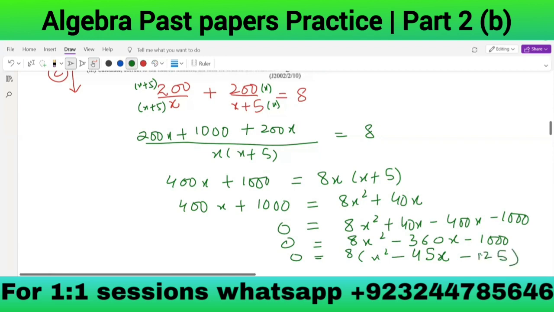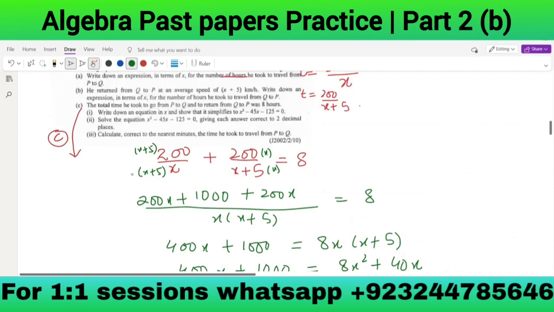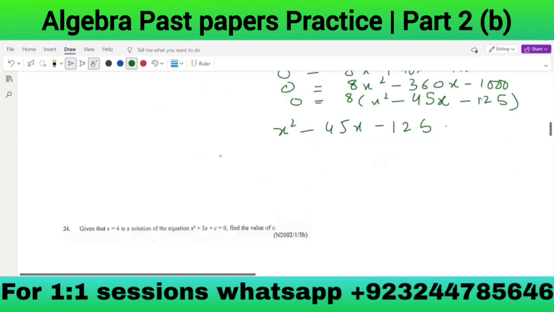Okay, so we got the required equation, that is x squared minus 45x minus 125, which is the required equation for part C. Now, what are they saying next? Solve the equation, giving your answer to the correct decimal places. Now we are going to solve this equation. For solving, we have a is equal to 1, b is equal to minus 45, c is equal to minus 125.